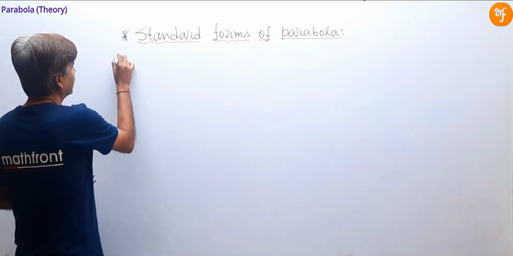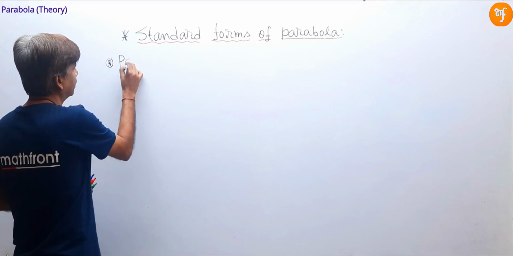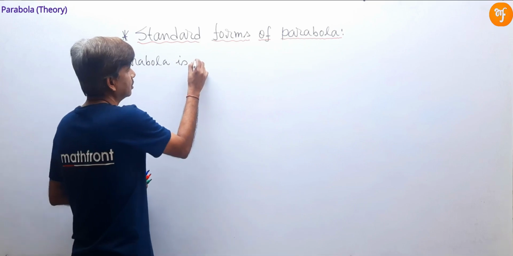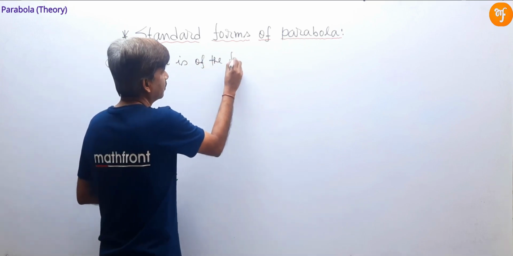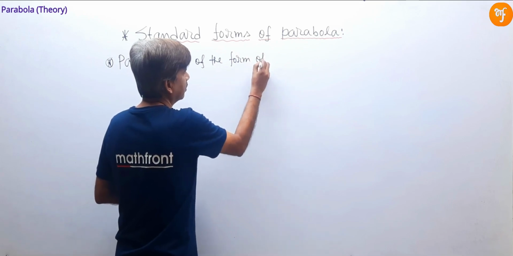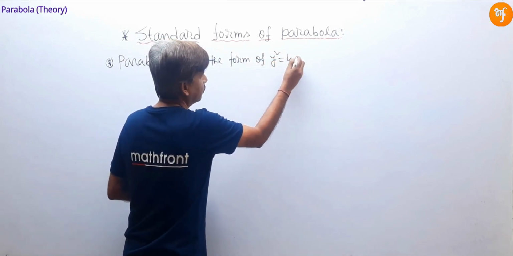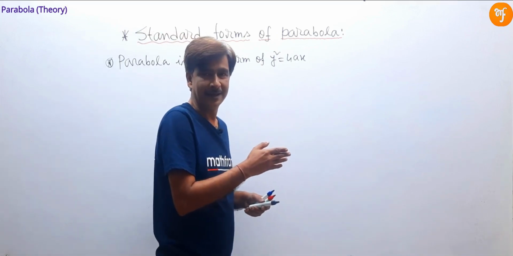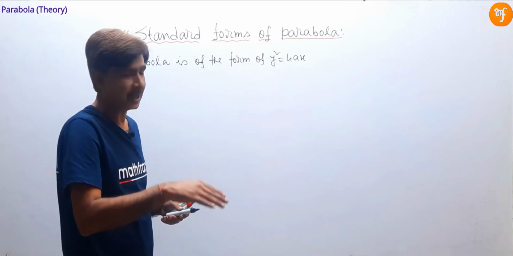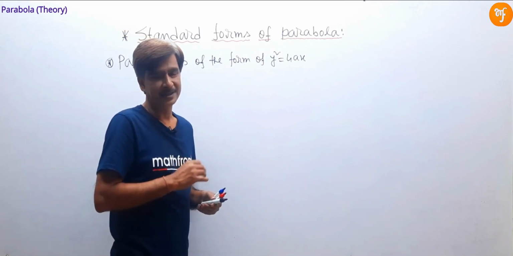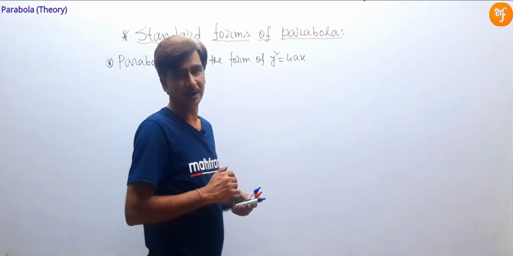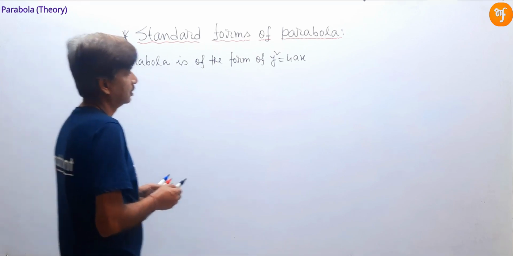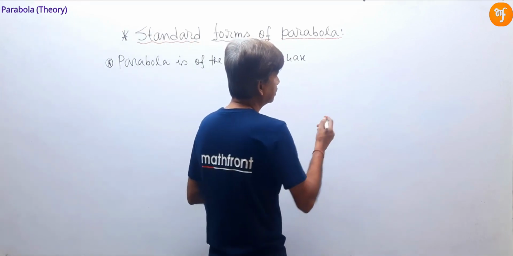So the parabola is of the form y square is equal to 4ax. This type of parabola is concave at the right hand side and the vertex of the parabola is at the origin and the axis of the parabola is the positive direction of the x-axis. Okay, so please look at the figure.